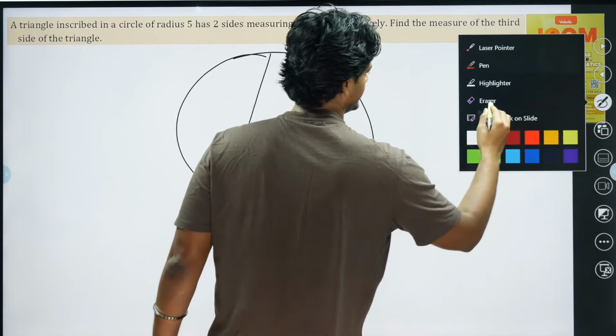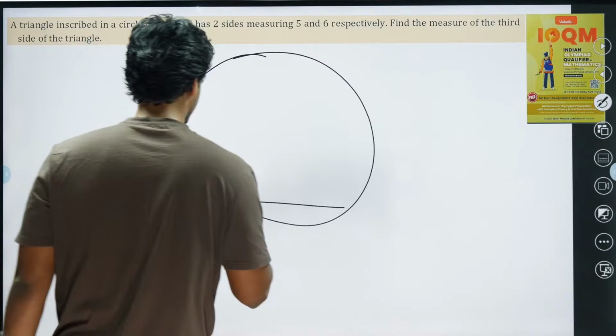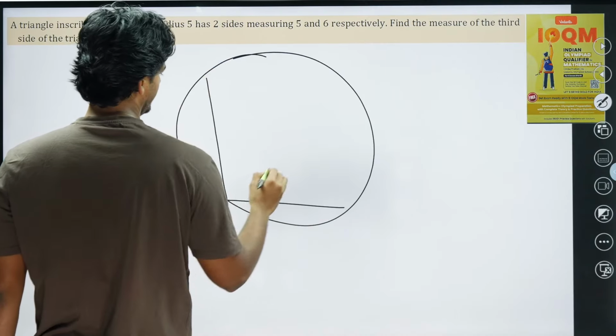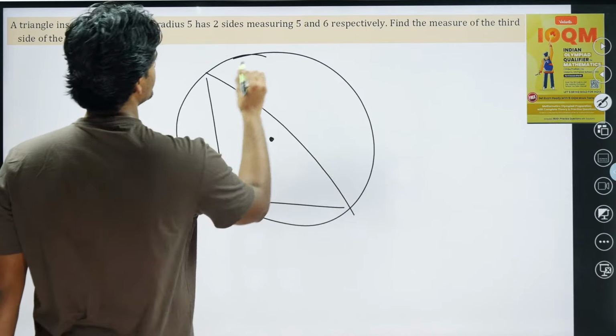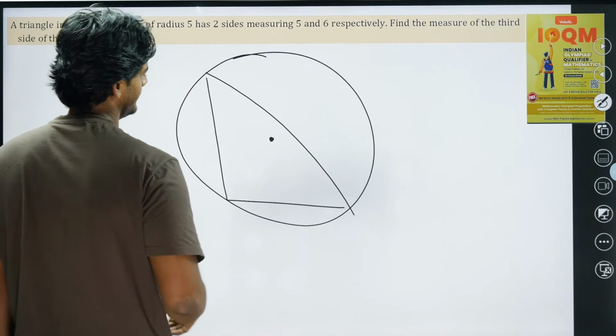Maybe I'll draw it better. We want to find the measure of the third side of the triangle.